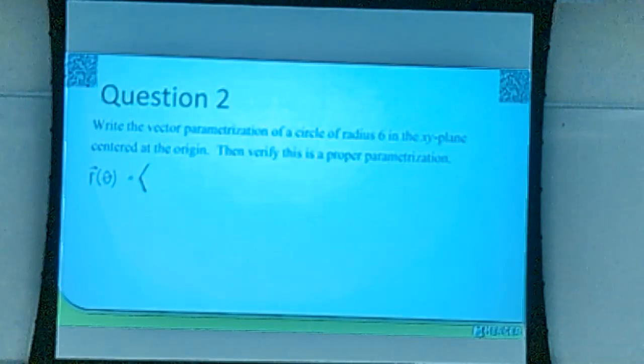Let's imagine this real quick. Here's the xy plane. We're centered at the origin. Let's try and actually draw a circle, which is always fun.